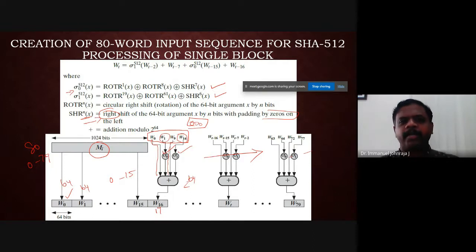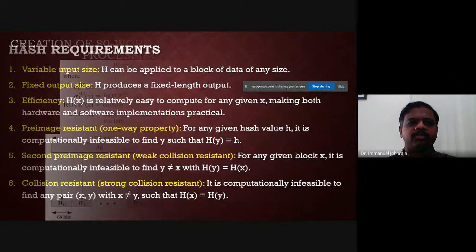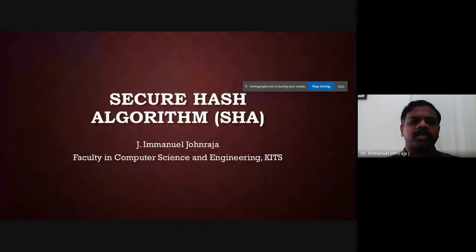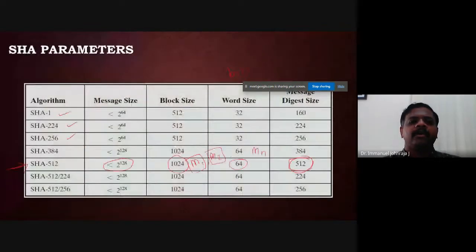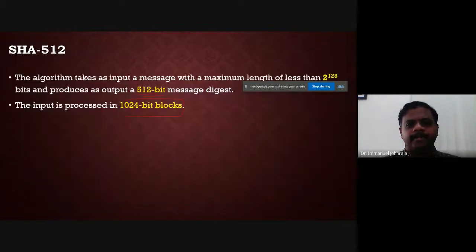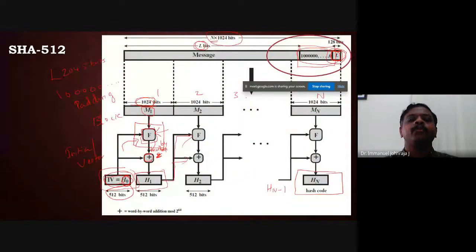So quickly, what have we seen today? We have concentrated on SHA 512 today, which takes a block size of 1024 bits and produces a fixed size 512-bit hash code. So that's the overview of your hash code.